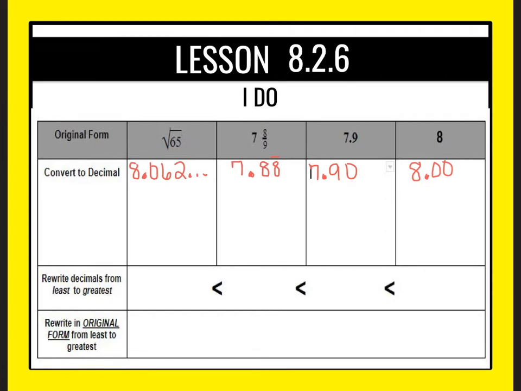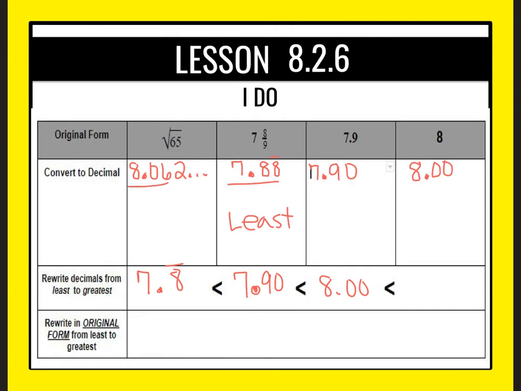Sometimes it's important that you line your decimals up if you need to. So I can see here that this is the least amount. So I have 7.8 repeating as the smallest value. Then I have that is less than 7 9/10, 7.90, and that is less than $8.